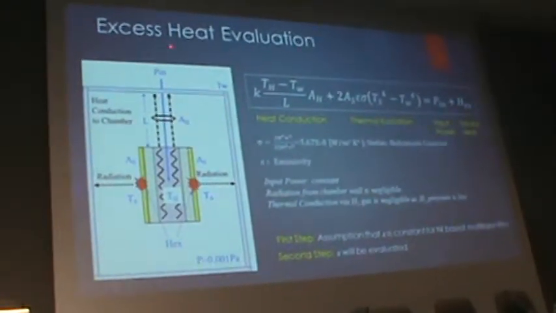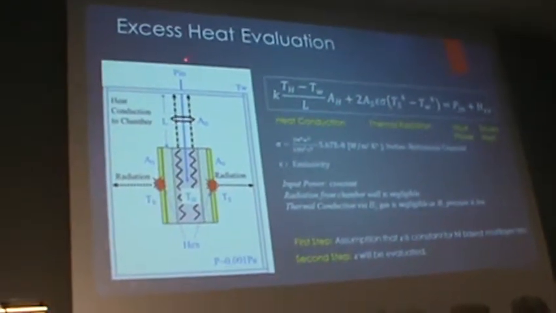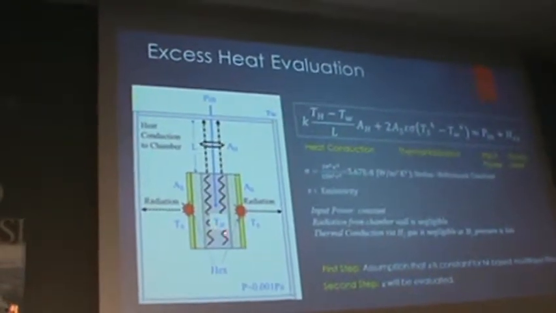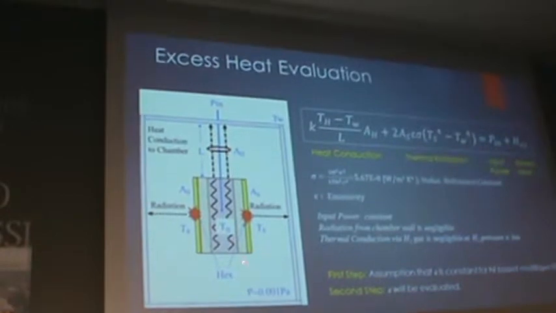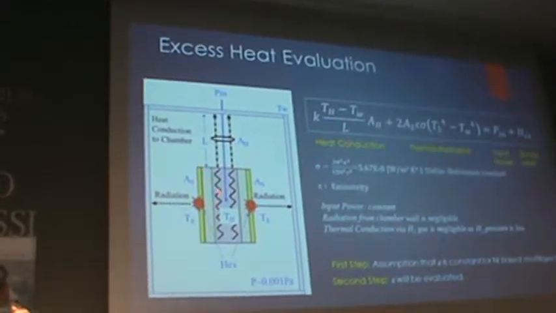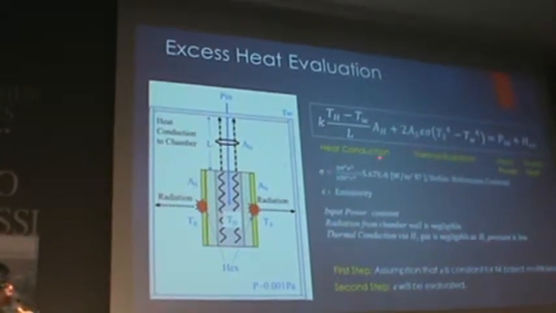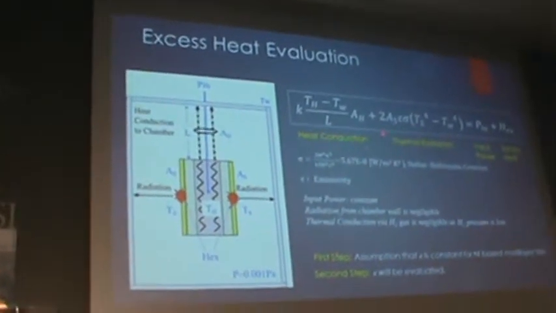This graph shows the excess heat variation. During the experiment, we pumped out the hydrogen gas. So we should consider only two terms: heat conduction and thermal radiation.